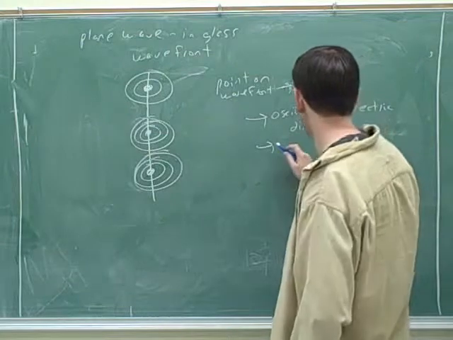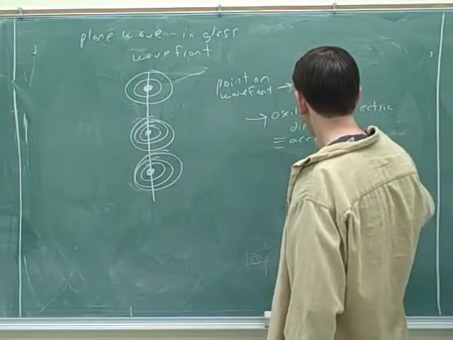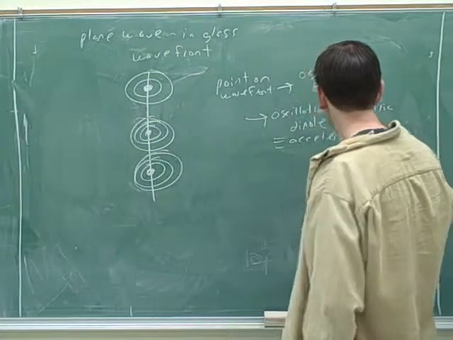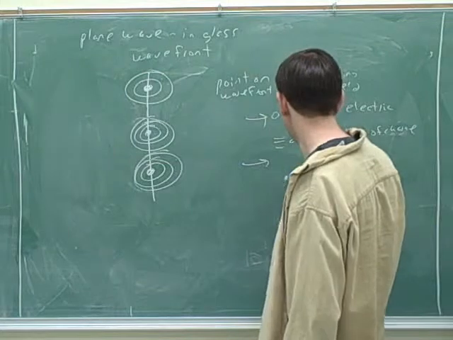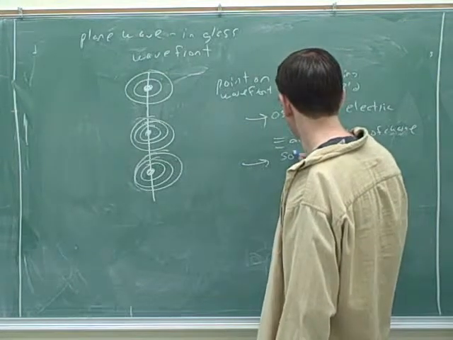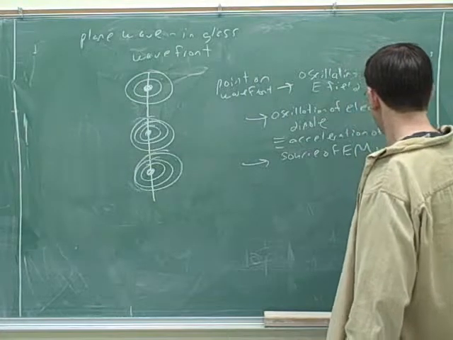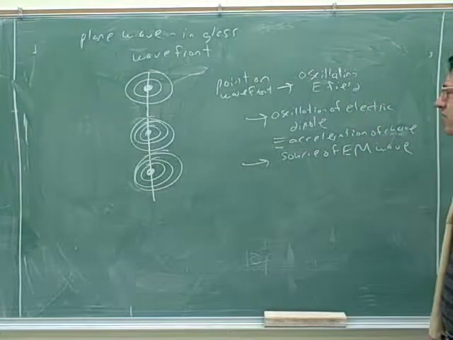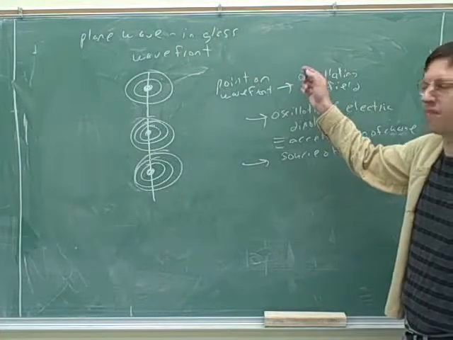The oscillation of the dipole means acceleration of charge. And acceleration of charge means that that is a source. I think you generally will tend to get more credit for explanations if you lay it out with arrows, step by step.